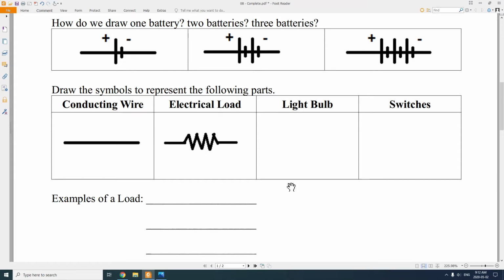It could be some sort of antenna that's sending a signal, like in your cell phone. So anything that's using the electricity would be called an electrical load, or just a load. And a light bulb is also a load, right? It's using the electricity. We just have a special symbol for it because it's so common. So this is a symbol for a light bulb, any sort of light bulb.